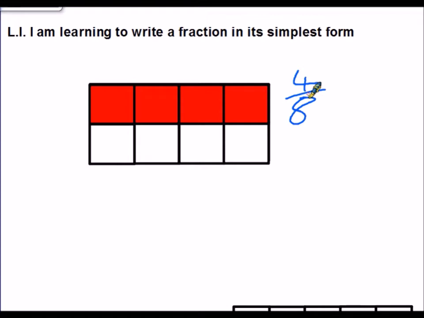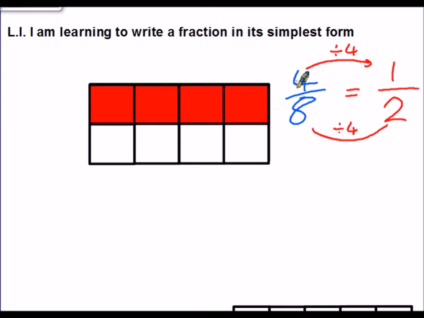So to simplify this fraction, I'm going to divide the numerator and the denominator by 4. So 4 divided by 4 is 1. 8 divided by 4 is 2.